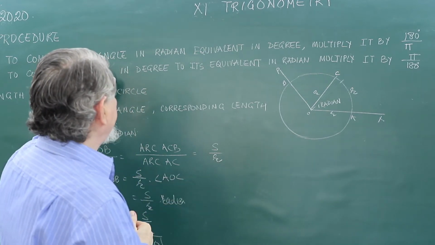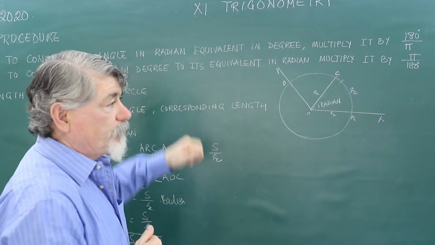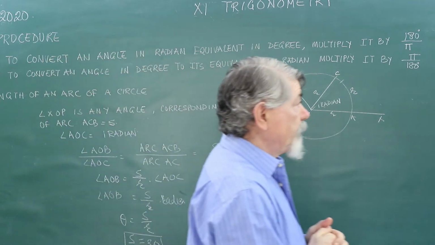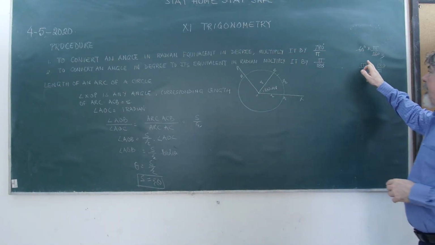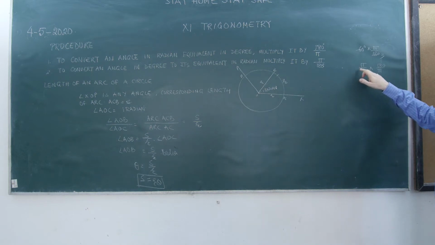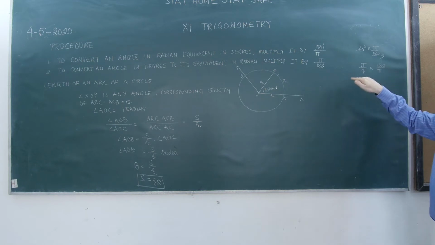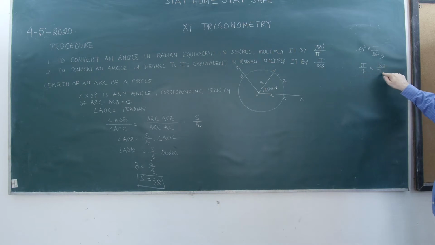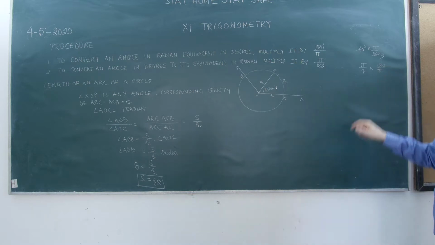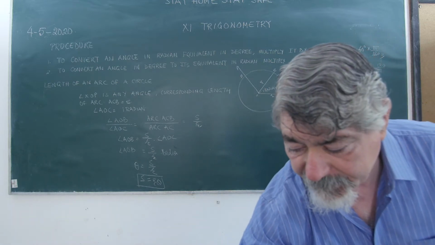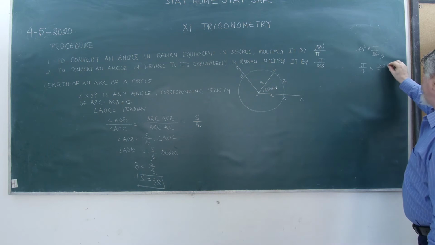If you're given an angle in radian, for example, pi upon 4, this is the angle which will be given in radian. Now I want to convert this into degrees. I'll multiply it by 180 upon pi. Pi will cancel, 4 fours are 45. It will become 45 degrees. So pi by 4 will be equal to 45 degrees.